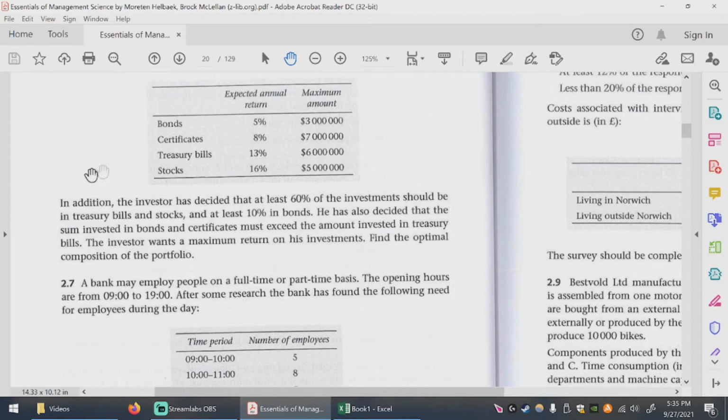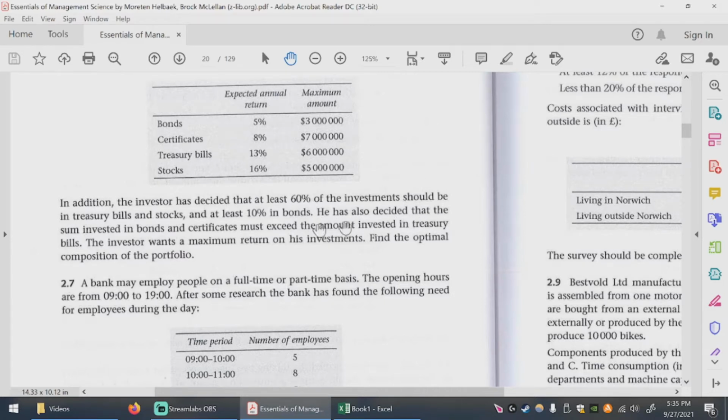So, in addition, the investor has decided that at least 60% of the investment should be in treasury bills and stocks. I read this, but I know that's going to become a constraint, and that's not my focus right now. But I do glance over it. And at least 10% in bonds. Again, some constraint, not really my concern right now.